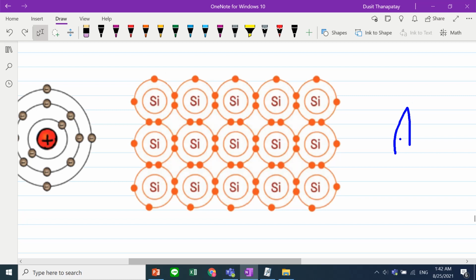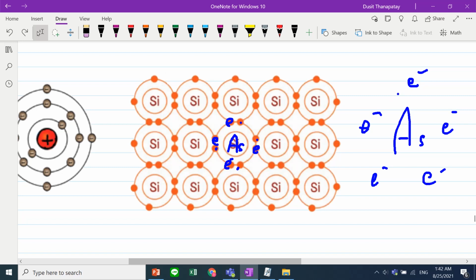That means arsenide has 5 valence electrons. If arsenide replaces this position, then 4 of the 5 valence electrons of this arsenide atom will form covalent bonds with the silicon around it.